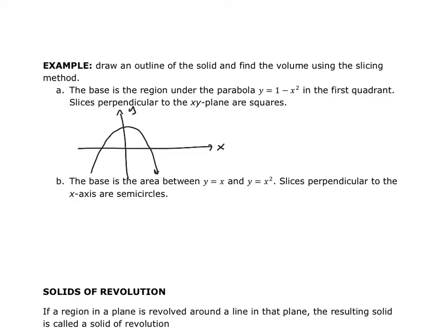So let's see if I can draw this very well. Here this is z, and I will make this x and this y. So in 3 space, the volume that we're looking at is this shape here.